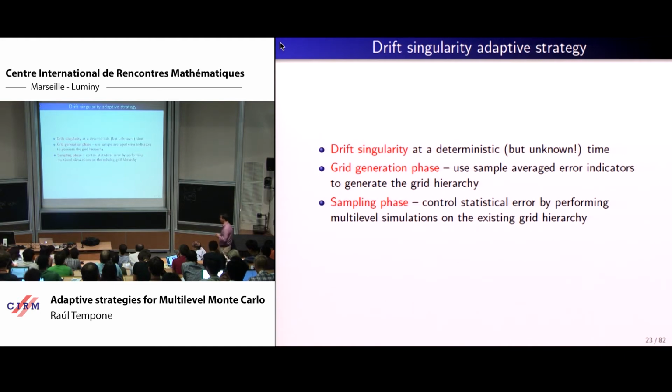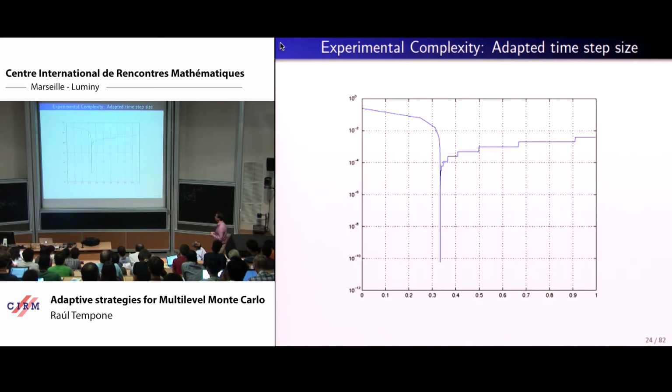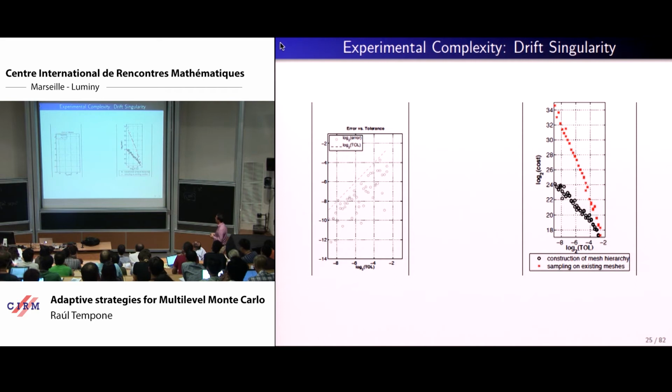That is effective. And actually what you can show is that the cost of the first phase to find the optimal discretizations in multilevel Monte Carlo is much cheaper than the actual cost to solve the problem. So that's the gain when you have deterministic types of singularities, that you can find a mesh very quickly.